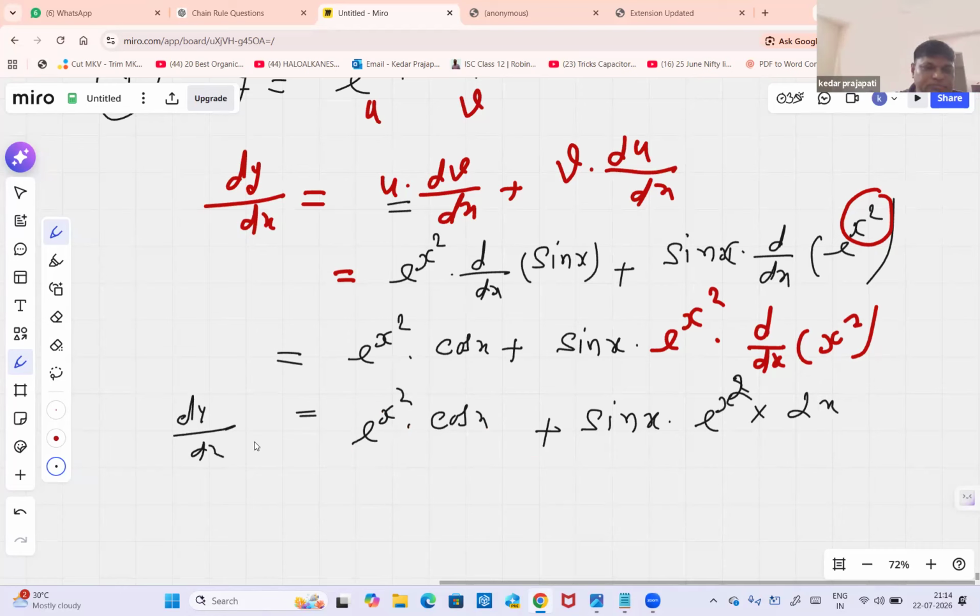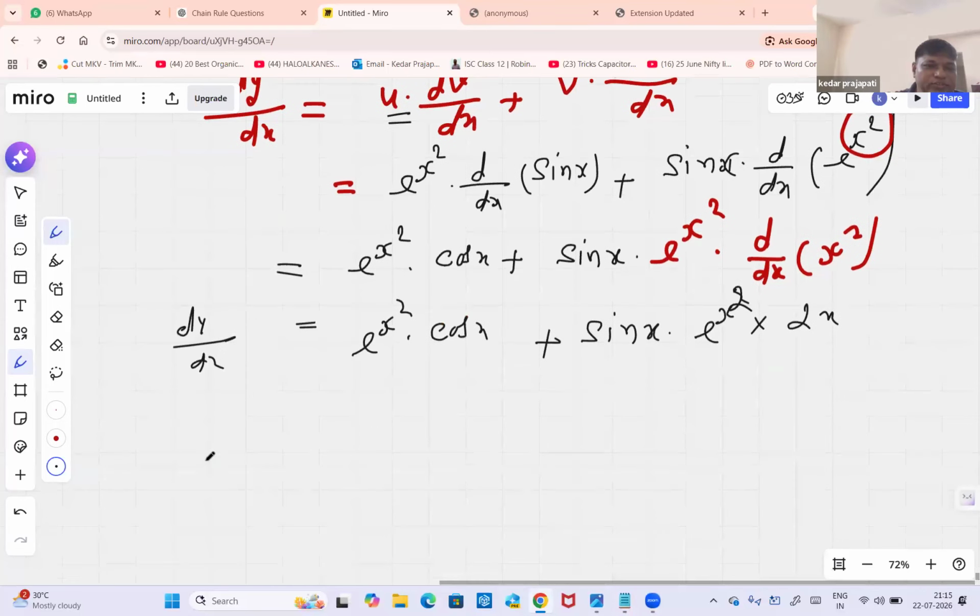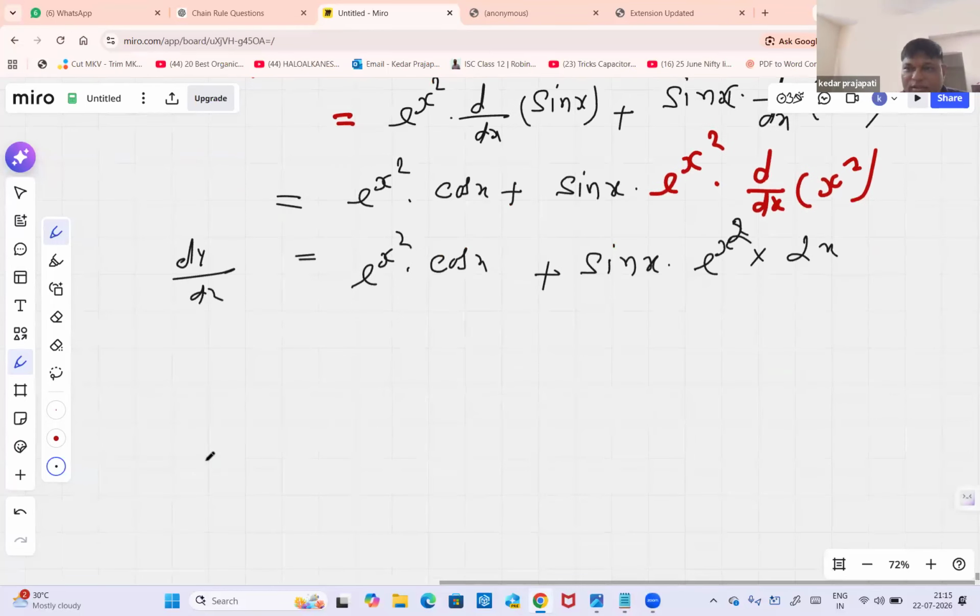So I'm giving you two questions. You can note it down. First is y equal to e to power x square into cos x.